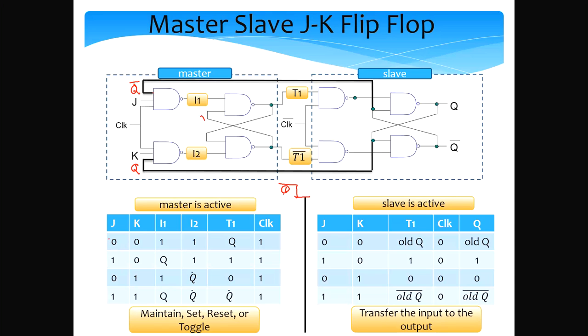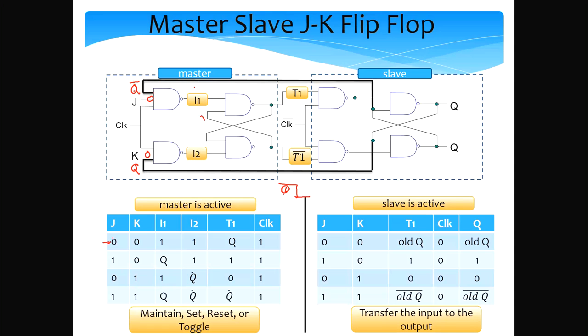So let us consider each of these cases. The cases are simple. So the first case is when J is 0 and K is 0. So this is a very simple case. If J is 0 and K is 0, then if one of the inputs of a NAND gate is 0, then the output is set to 1.